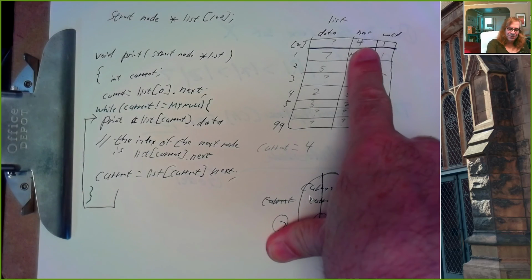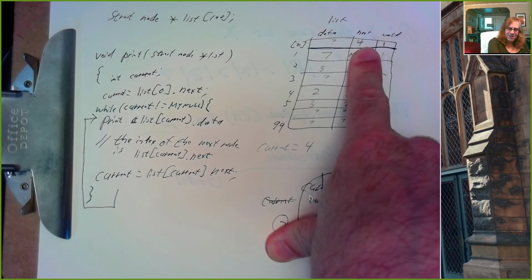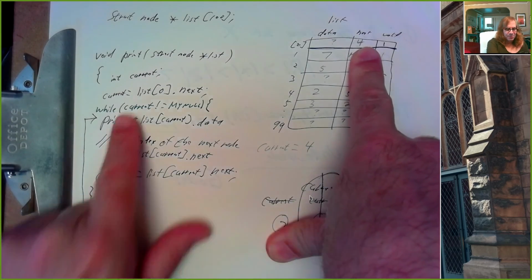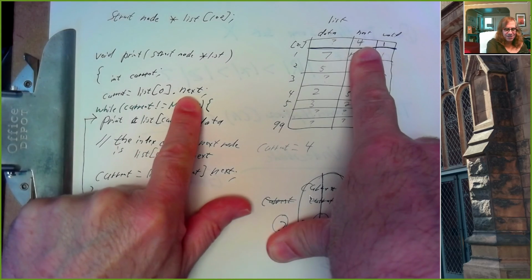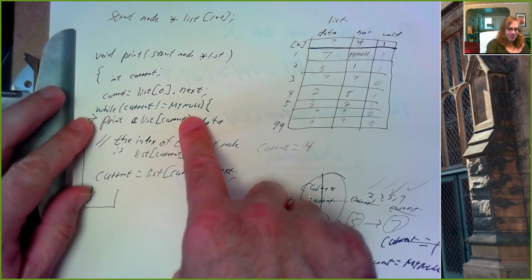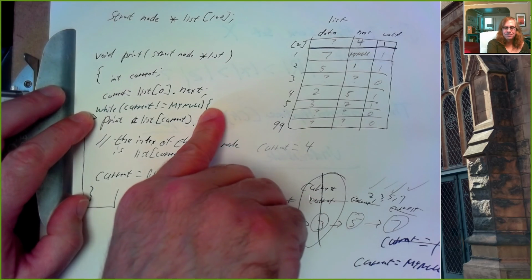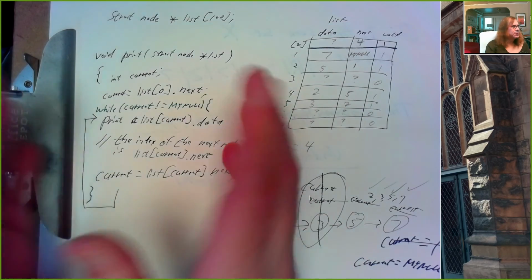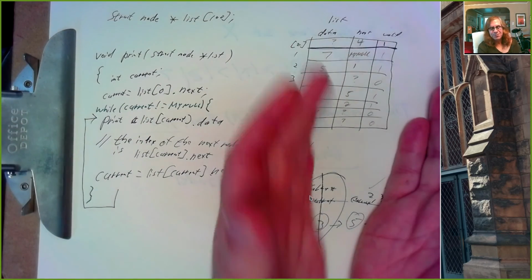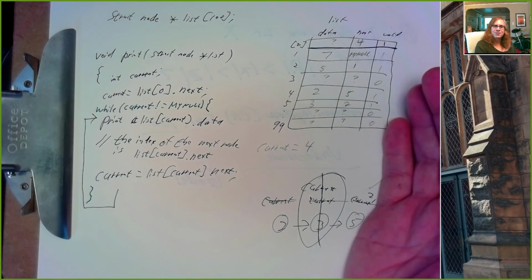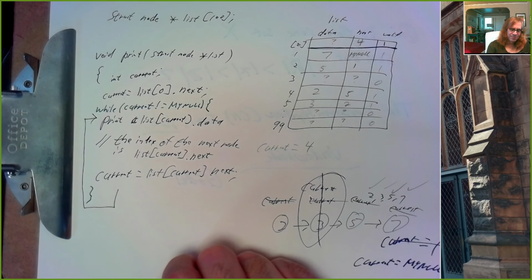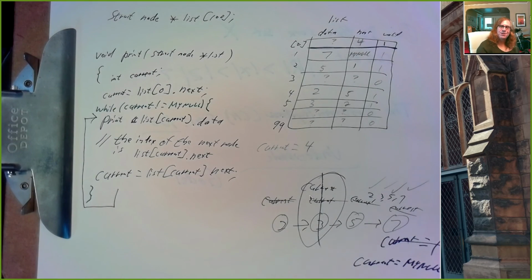Well, your sentinel node has a next value of my null. So when I initialize current to sentinel's next, current will be my null, and the first time I try to go through this loop, it'll exit immediately. So this code not only works for an arbitrary linked list, it works for an empty linked list as well. And when you find that happening, that's a really good feeling. That gives you confidence that you're following a good path here.